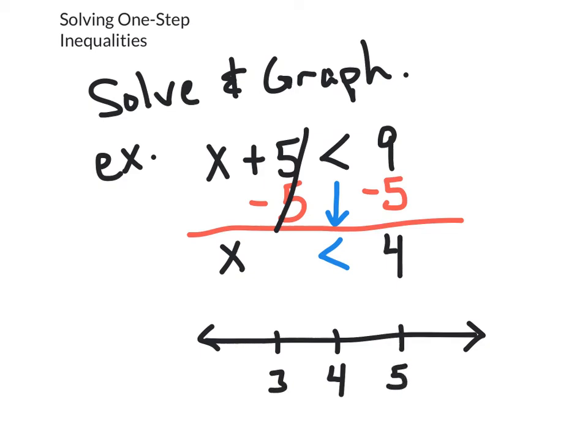When I go ahead and graph this, because I have x is less than 4, I'm not going to include the 4, so I'm going to use an open circle on this, and then I'm going to come up, and because x is on the little side, x is to the left, I'm going to go less than 4. There's my first example.